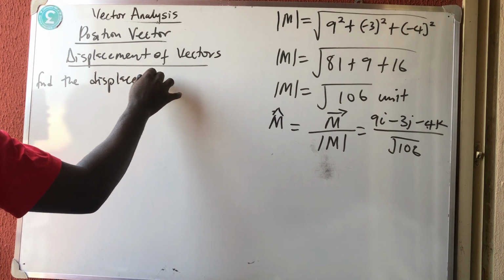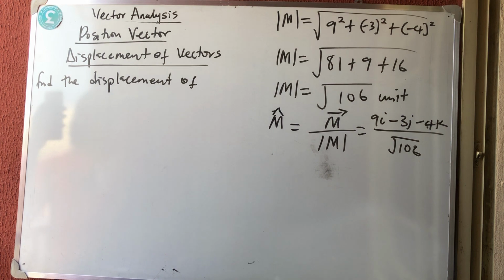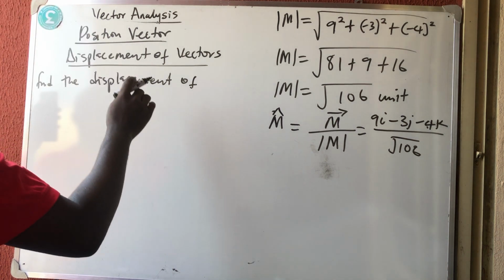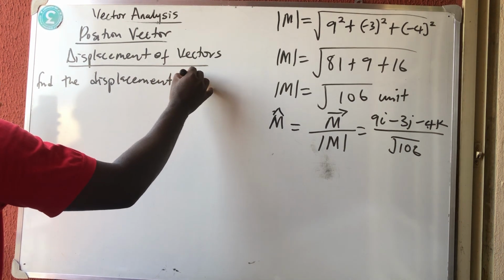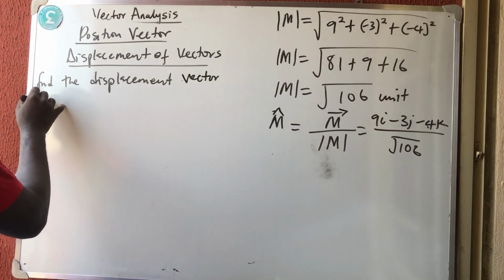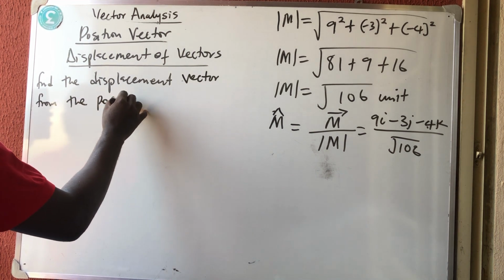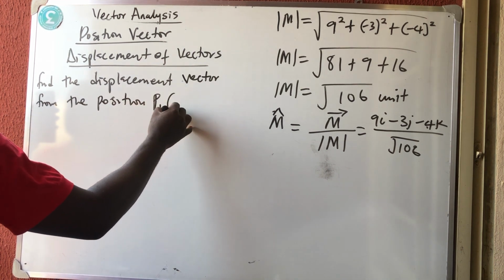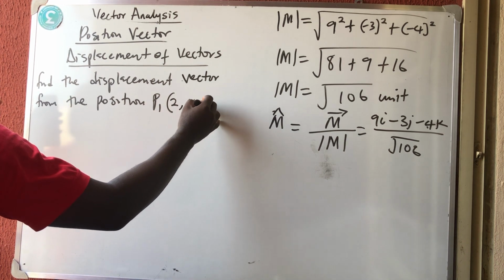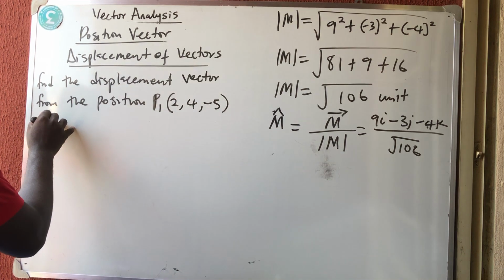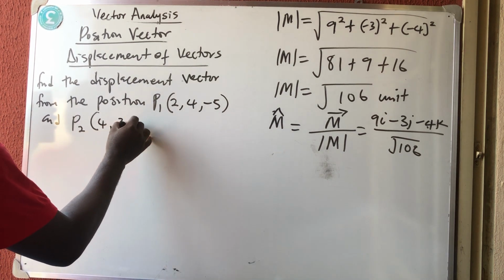Okay, let's say find the displacement vector from the position P1, which is 2, 4, minus 5, and P2, which is 4, 3, 2.